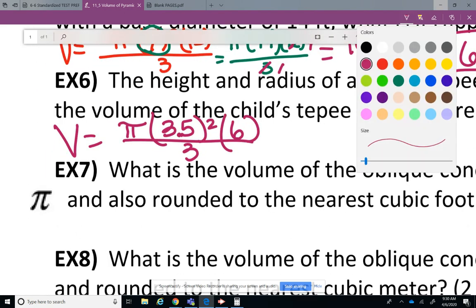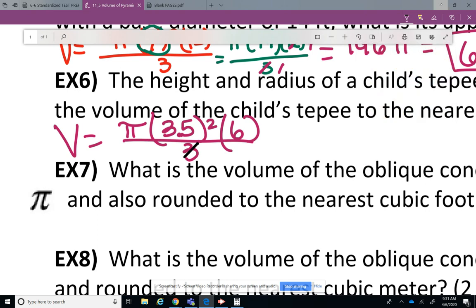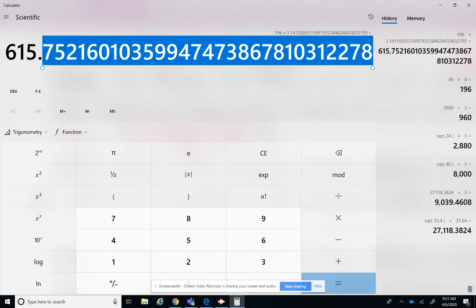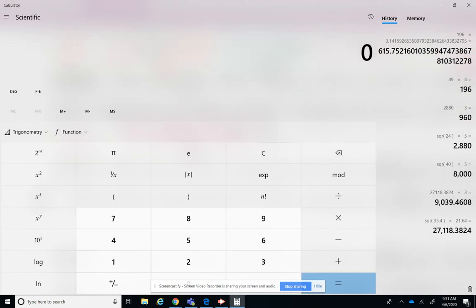Now there is a decimal right there. All right, I'm going to go ahead and cancel just to make it simple the 3 and the 6. So when I go to my calculator, I'm going to do 3.5 squared times the 2 because it's no longer a 6. And then multiply it by pi.